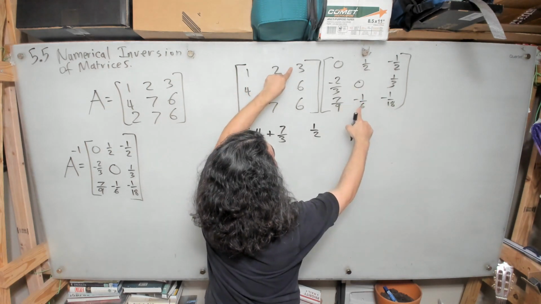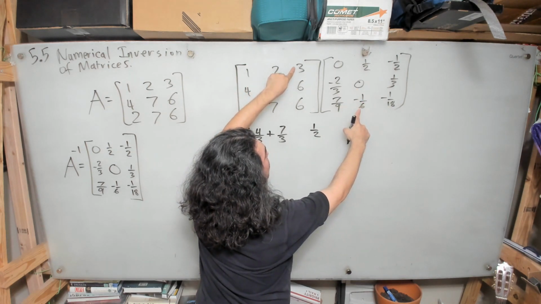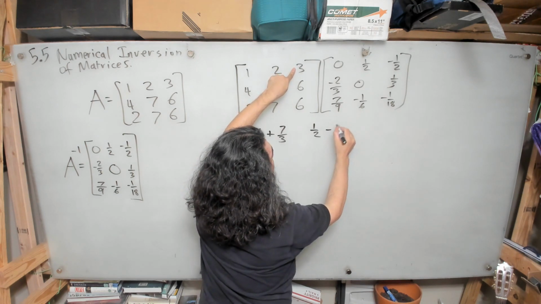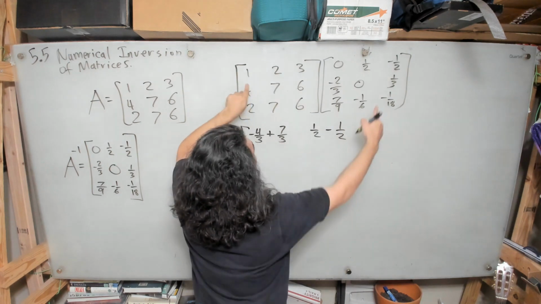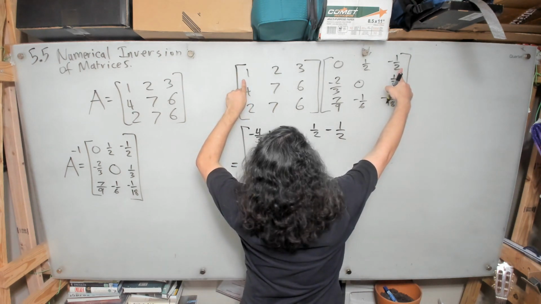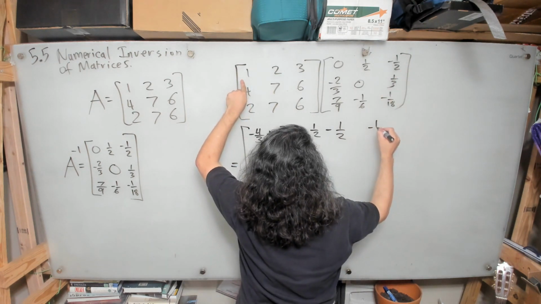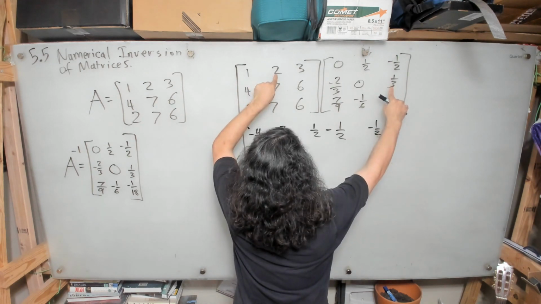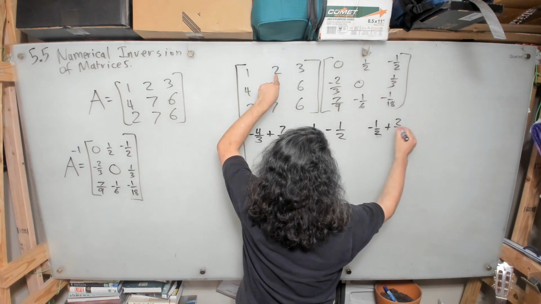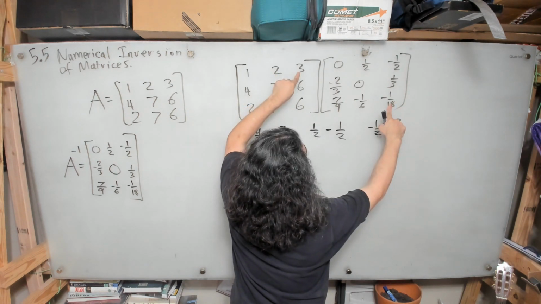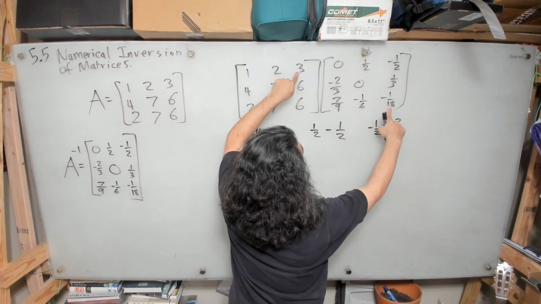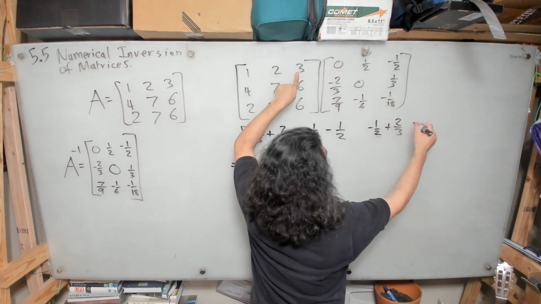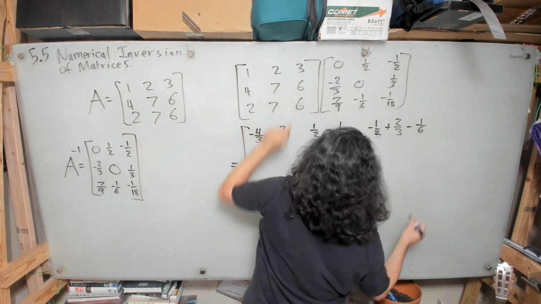Plus 0, plus negative 3 times 1/6, or in other words, minus 3/6, which is minus 1/2. Then, finally, negative 1 times negative 1/2 is negative 1/2. Plus 2/3. Plus negative 3/18, or in other words, minus 3/18, minus 1/6.